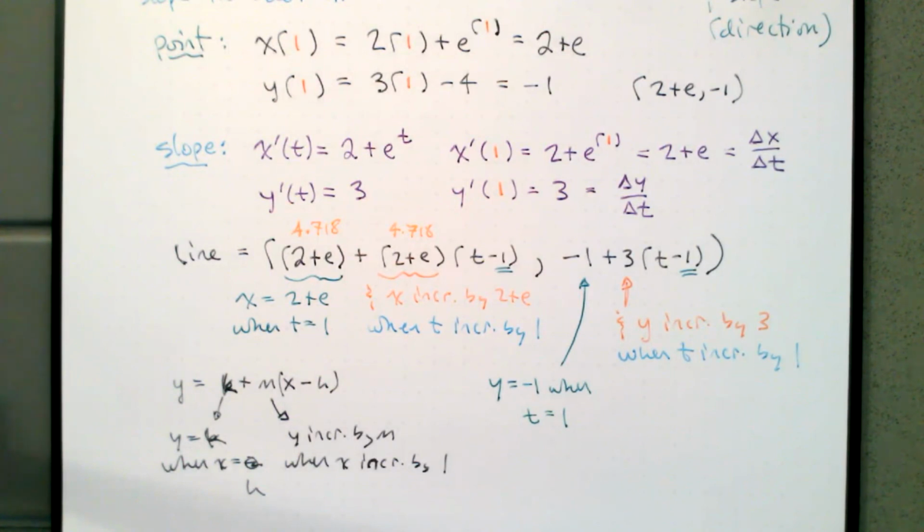So this was a familiar problem. Find the equation of a line tangent to a curve at a given point. It's just in a new format where everything's parameterized rather than y being written as a function of x.